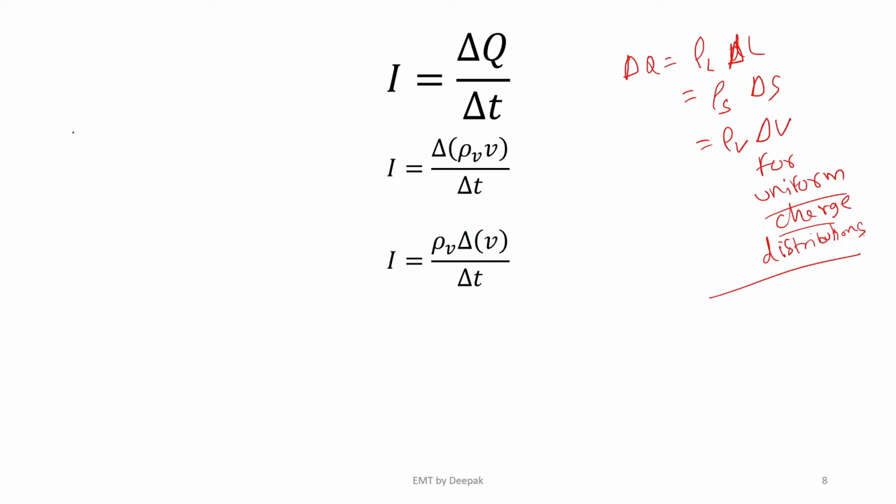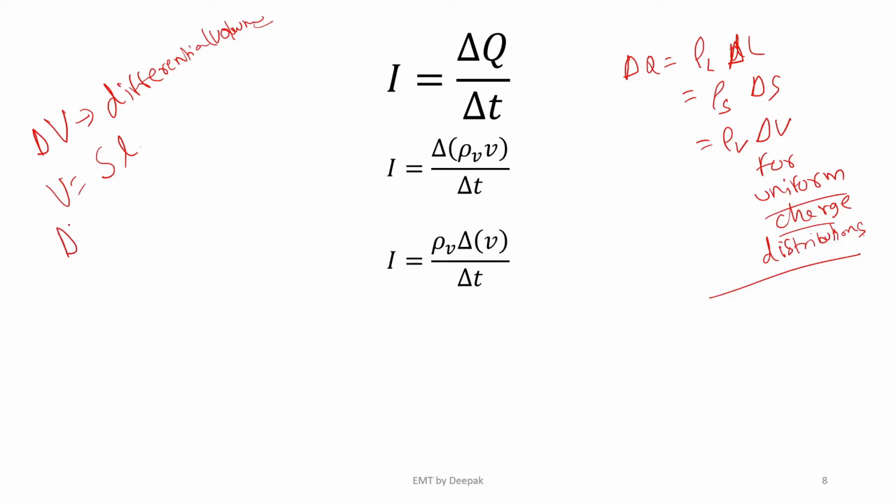What is V? V is the volume. Del V is the differential volume. Now again, V is S into L. The cross-sectional area times the length would give me the volume, right?